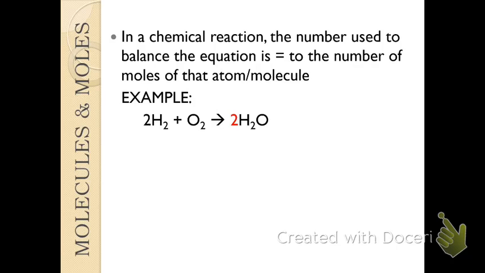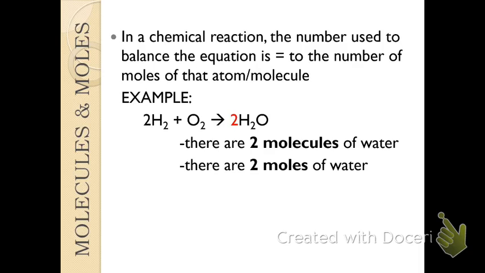So I can give you a chemical equation, and then I can ask you, how many moles of water do you have? Well, the coefficient tells me that there are 2 molecules of water. There are 2 molecules of the hydrogen atom. There is 1 molecule of oxygen, right? There are also considered to be 2 moles of water.